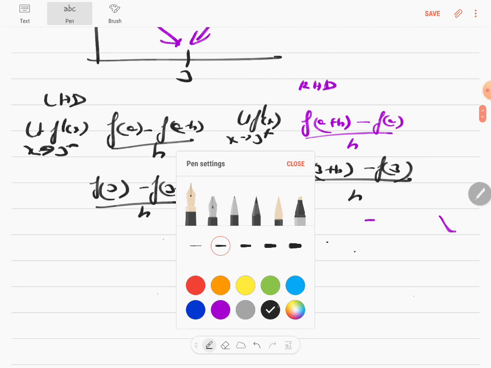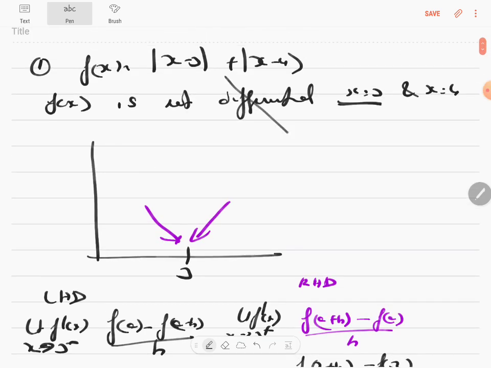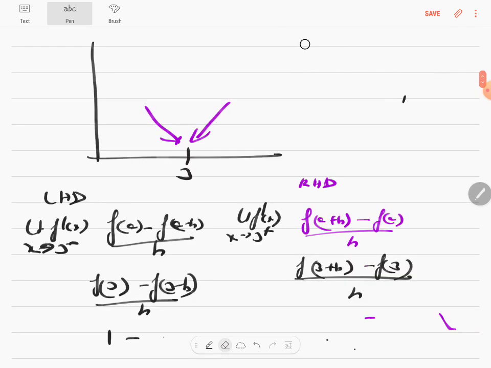So now go back. There's no need for redefining. f of 3 means mod of 3 minus 3 plus mod of 3 minus 4, which will be 0. This minus 1 will become plus 1 because of the mod. So the answer for this is 1, minus f of 3 minus h.